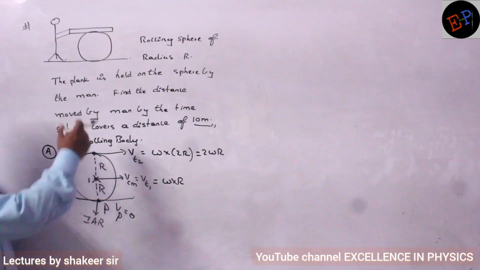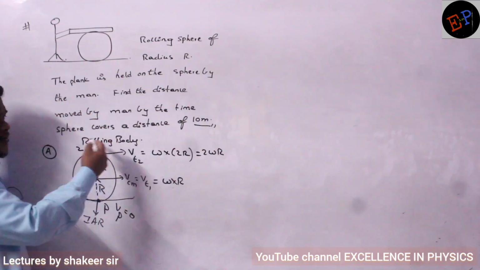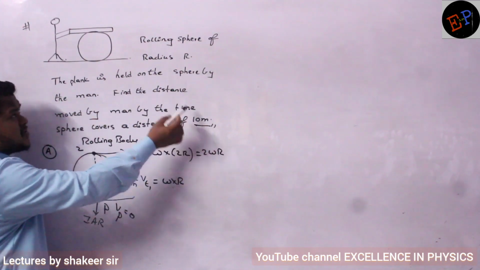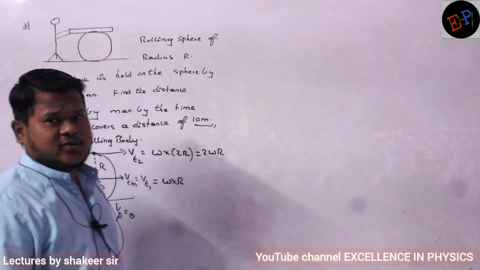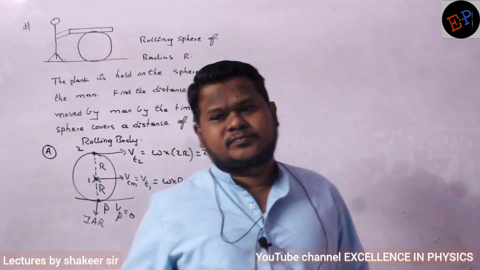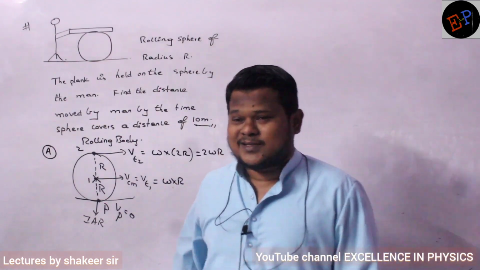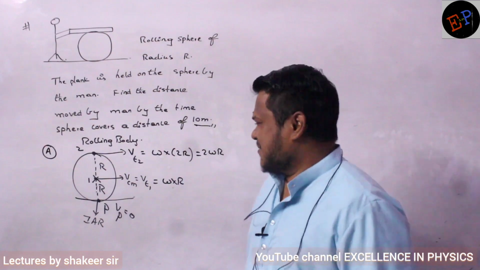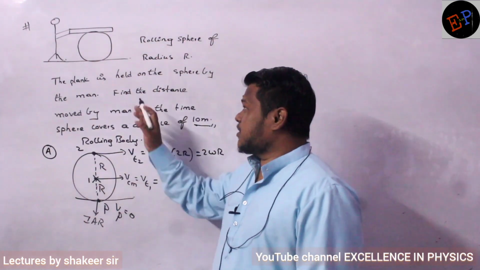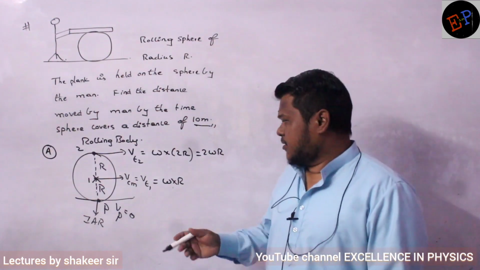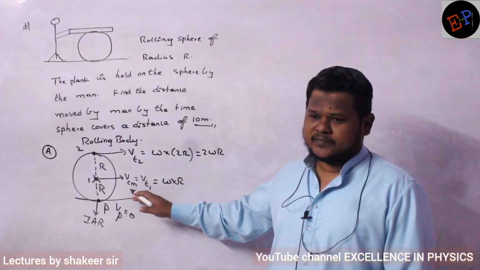Now, by looking at this data, can you say, if a disk or a sphere moves by a distance of 10 meters, then how much distance does the plank move? 20 is the answer. Distance moved by the sphere depends on the velocity of center of mass.